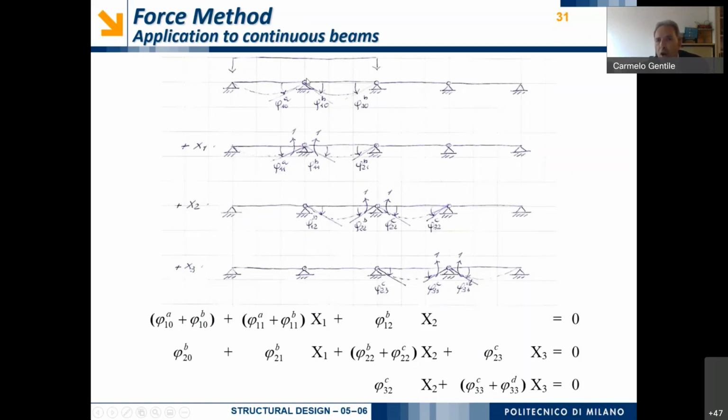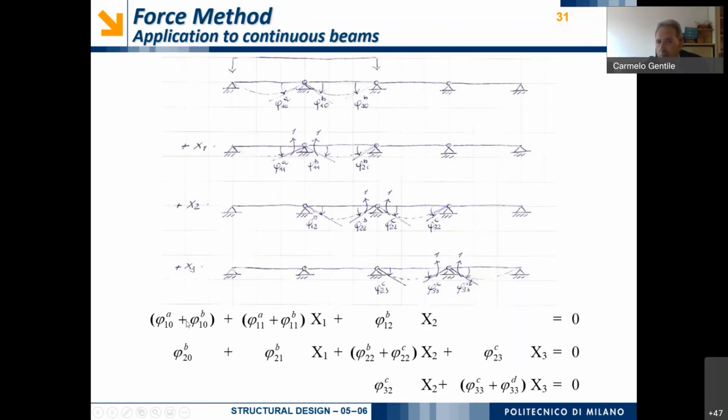So if we are going to look at cross section number 2, let's sum up the relative rotation. So the relative rotation corresponding to the action of the external loads is phi10A plus phi10B.